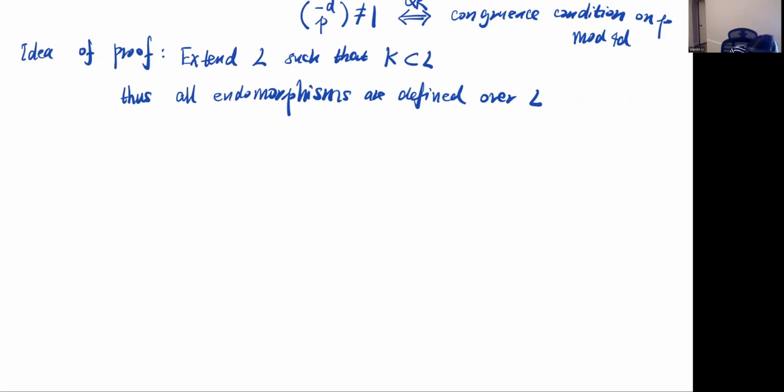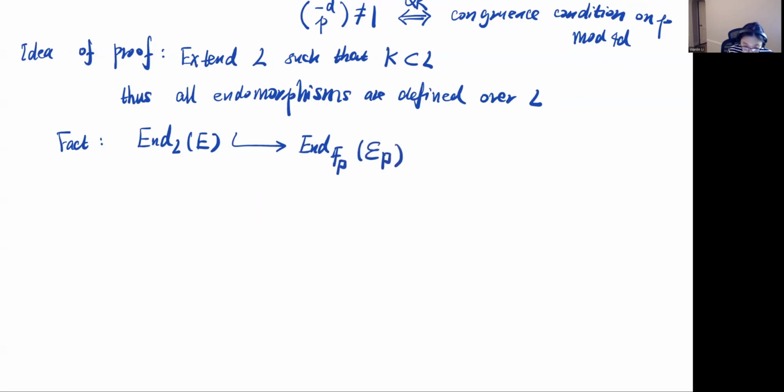So then it follows from the fact, which is a deep theorem, that the endomorphism ring of E over L injects into the endomorphism ring of E mod P under the reduction map. It injects. Okay.